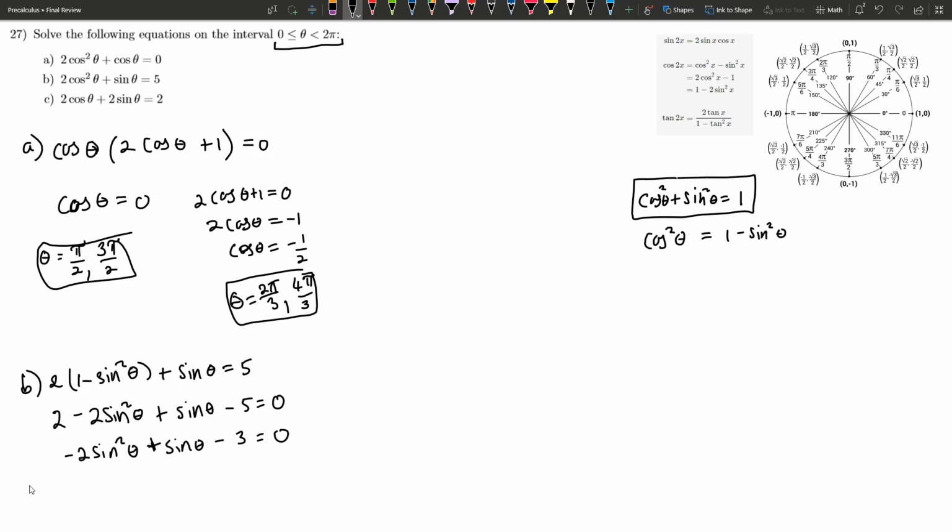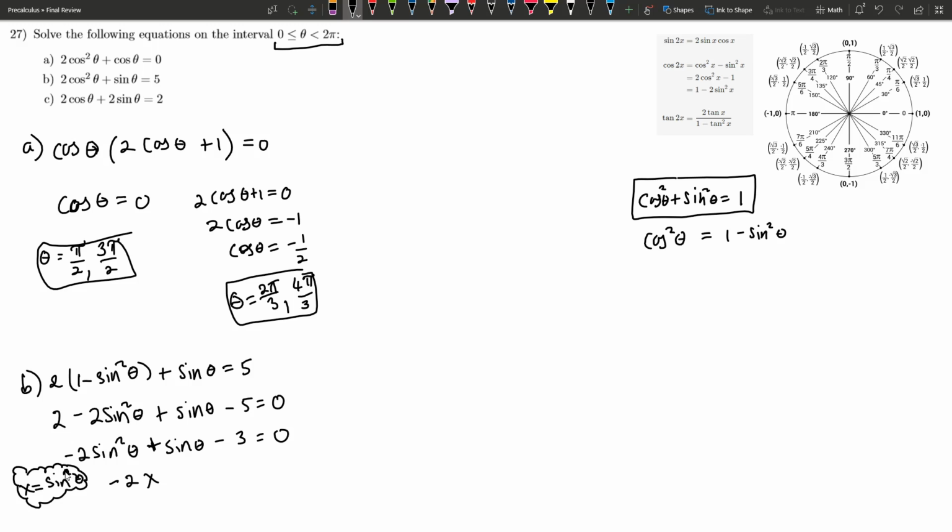And I'm going to think about my x as being sine theta. You don't have to substitute it like this. I actually did this in my mind, but because I'm doing a video, I'll write it down like that. So I'm thinking of this. Let's put it in a cloud so you know that I'm thinking of it. So I'm really thinking of this as negative 2x squared.